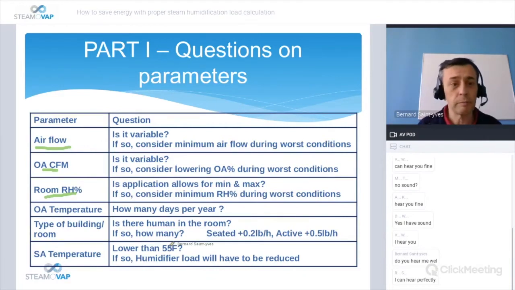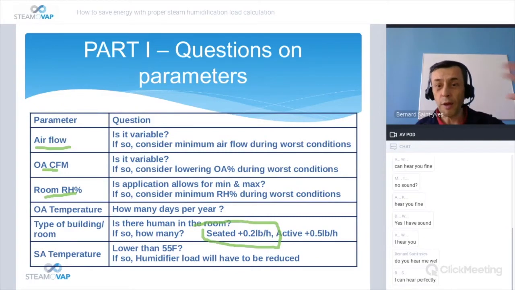If so, why not? What is the type of building? Do you have human beings in the building? Is it a data center, or is it with 3 technicians running around the computers every day? Or is it an office building with 1,000 persons, or a school with 2,000 students, or a university? You know that every human being, when seated, will evaporate about 0.2 pound an hour.